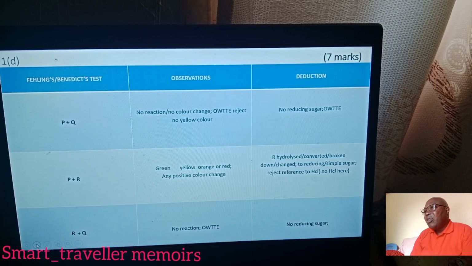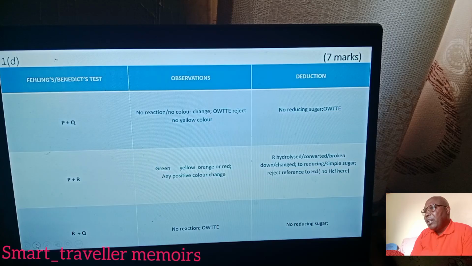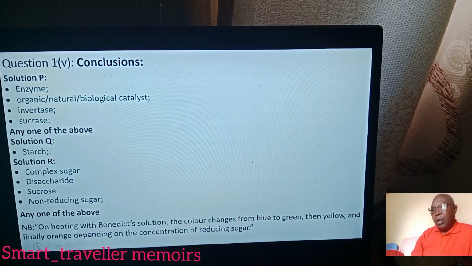R was hydrolyzed, or you say converted, or broken down, or changed to reducing or simple sugar. Reject reference to hydrochloric acid here. R plus Q: no reaction, or ones to that effect, and you conclude there is no reducing sugar.